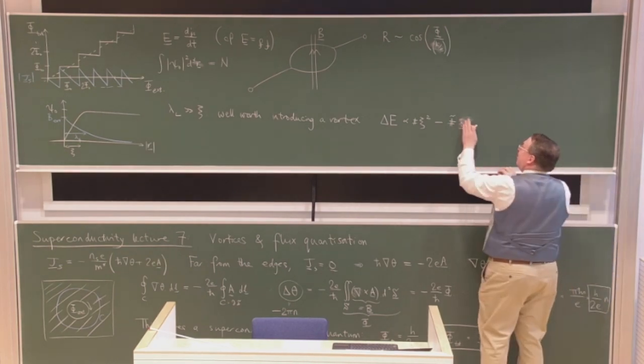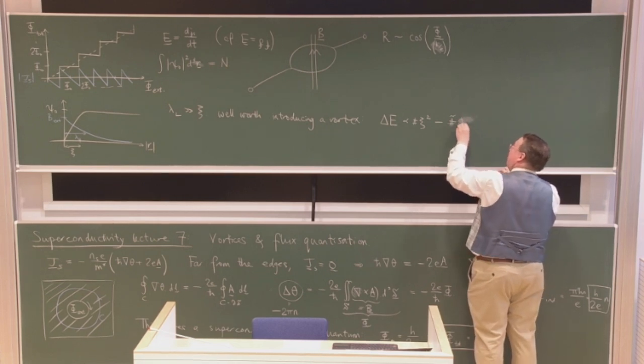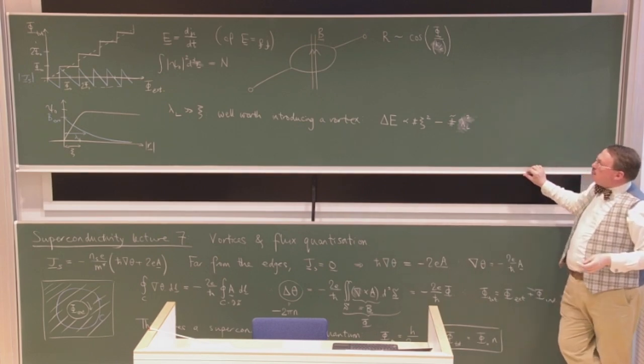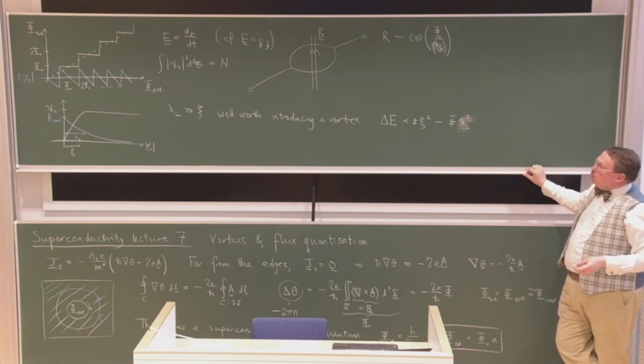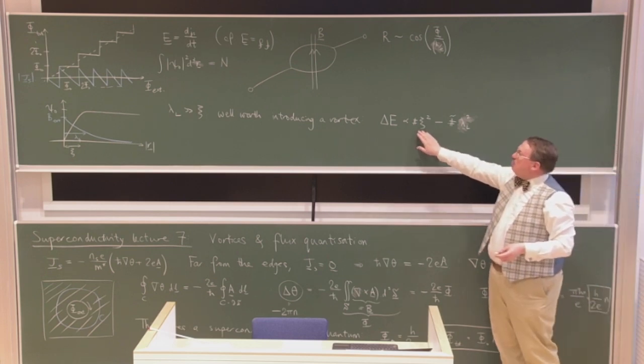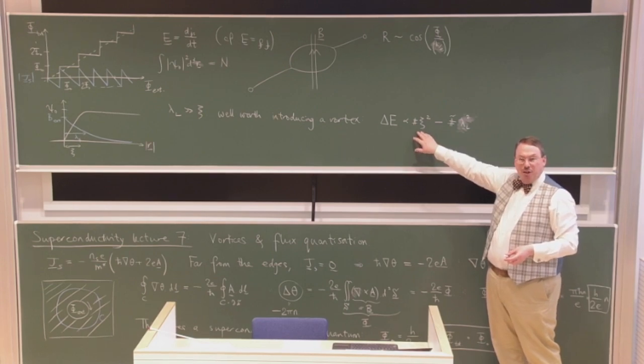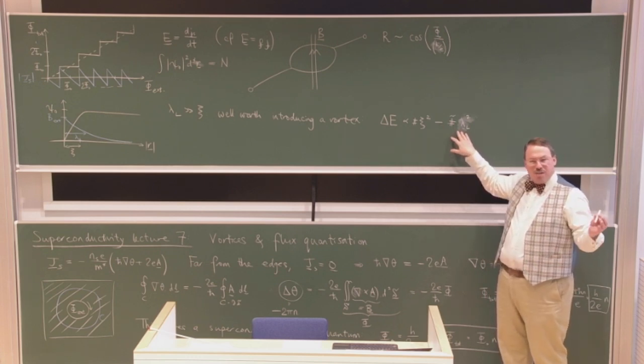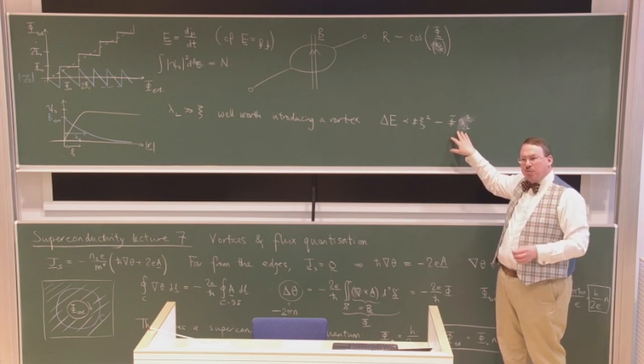Oh, sorry. That's got the field in, times the square of the London penetration depth. So you can work out the energy increase because you've spoiled the uniform superconducting state versus the energy decrease because you now don't have to compress the field lines so much because you can thread them through the vortex core.